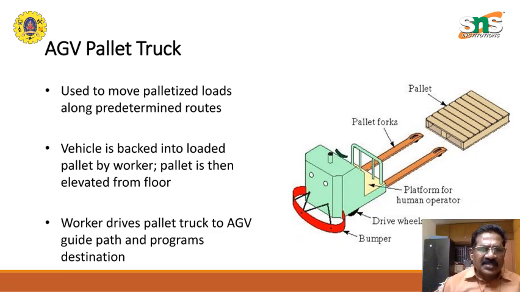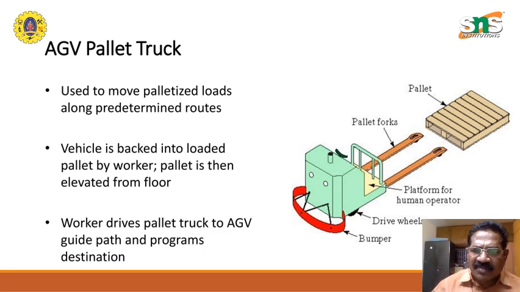The next one is used to move palletized loads along predetermined routes. The vehicle is backed into a loaded pallet by the worker. The pallet is then elevated from the floor. So you put it onto this, and it is pulled up a little, and the whole thing moves.